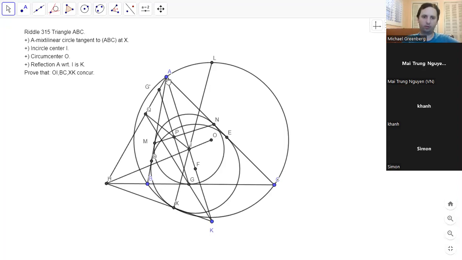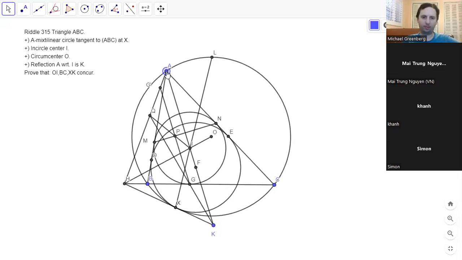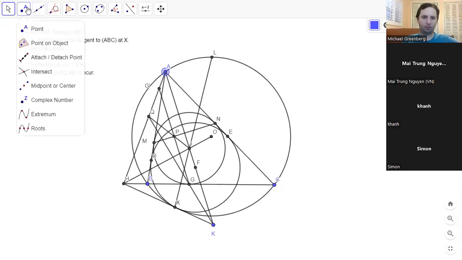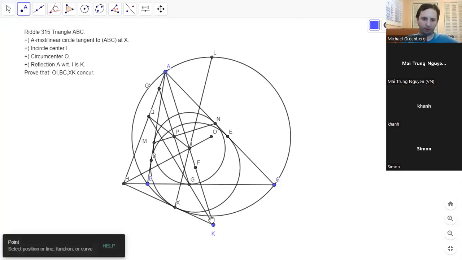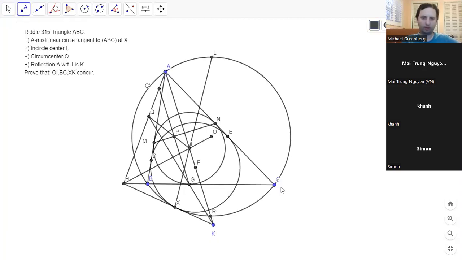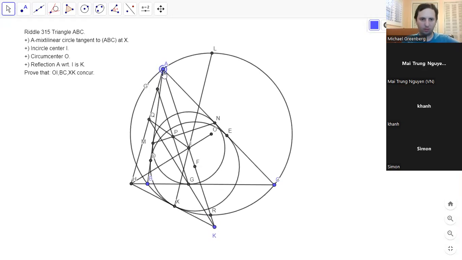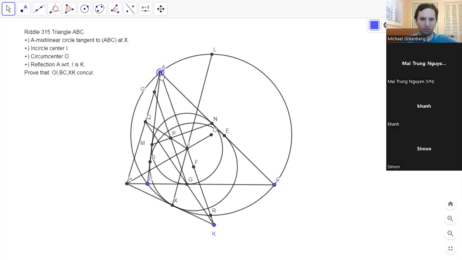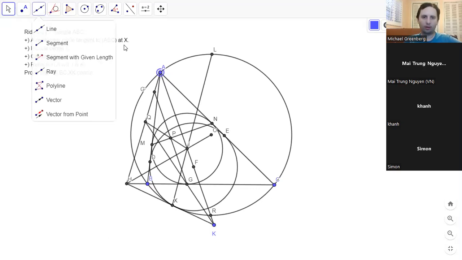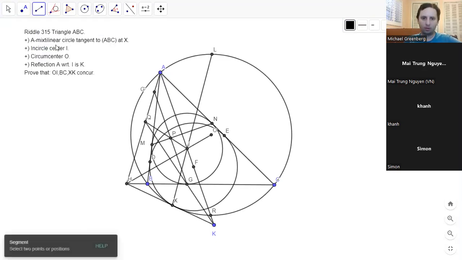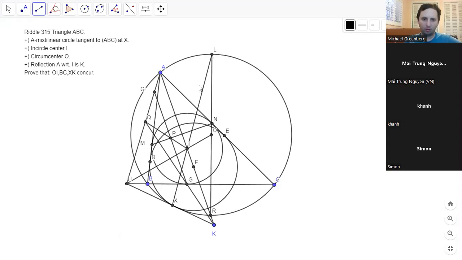Okay. So let me, so if this is the antipode of L right here, that's R. Then, okay. You're projecting onto BC.